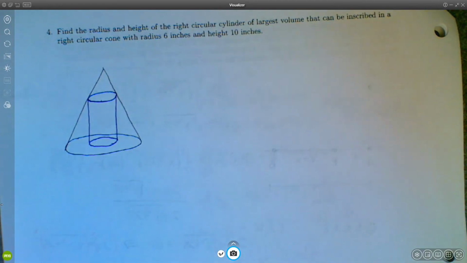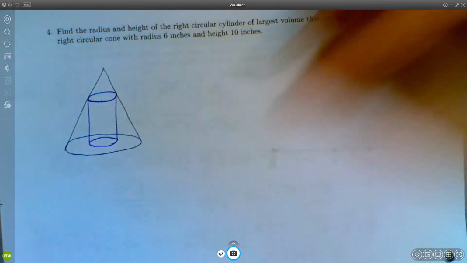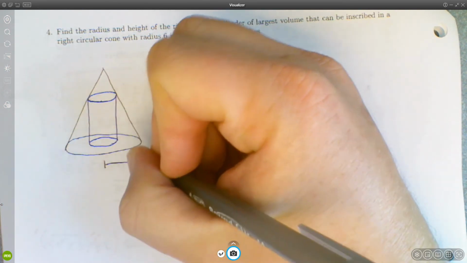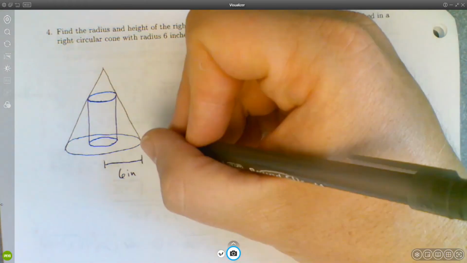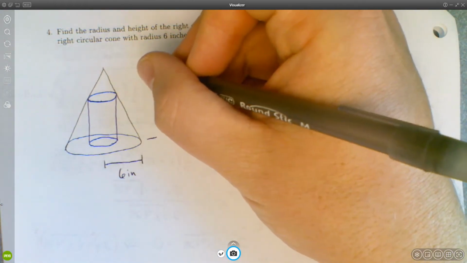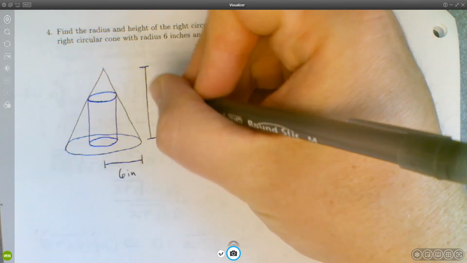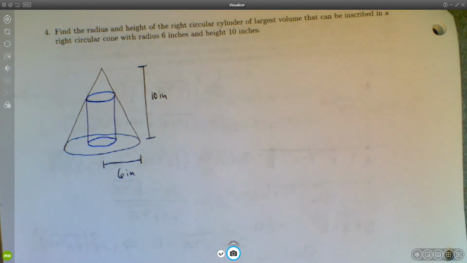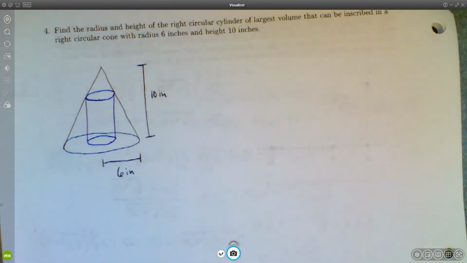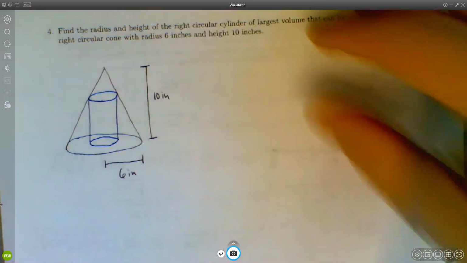So, okay, we know that the cone has a radius of 6 inches, and it has a height of 10 inches. Okay. And that's all we've got. So we want to find the largest volume for the cylinder. Okay. Maybe I'll do it in blue so that it matches the cylinder, right?